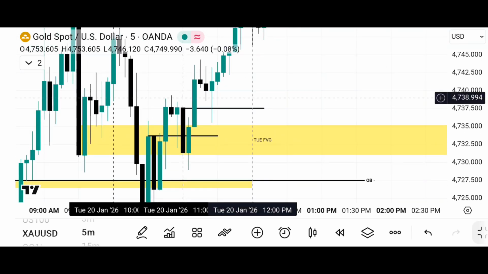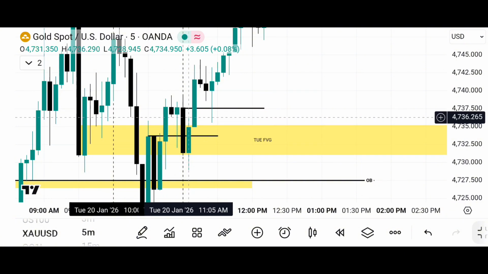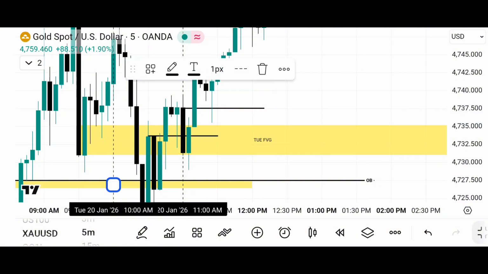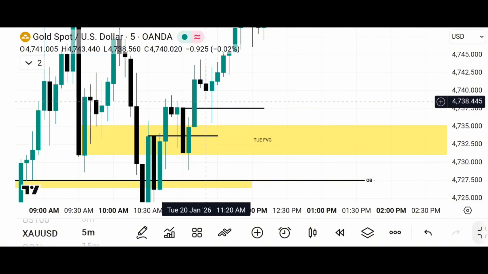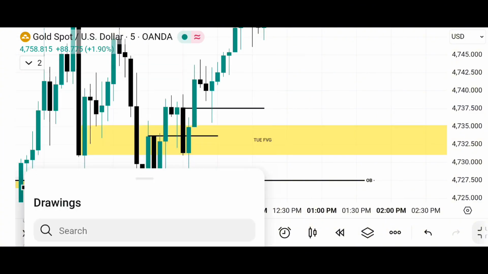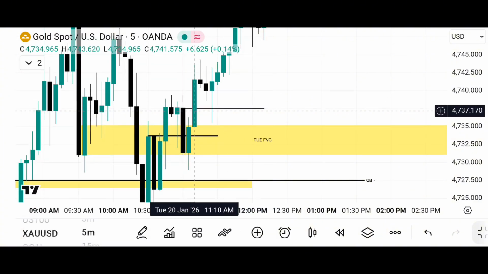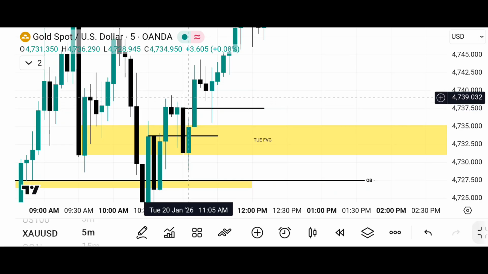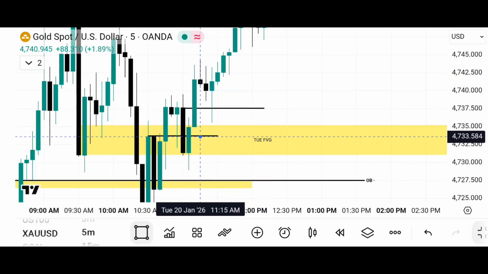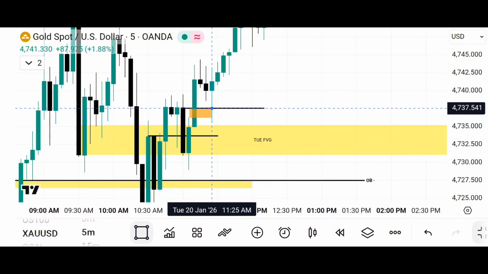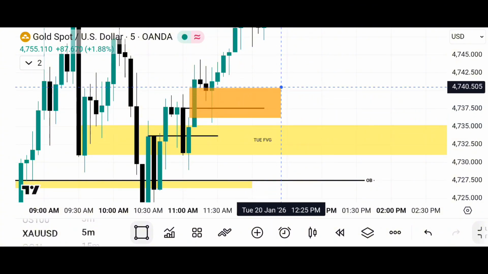And also there's a small fair value gap right here, the high of this candle at 11:05 and the low of this candle at 11:15. So this is the fair value gap.